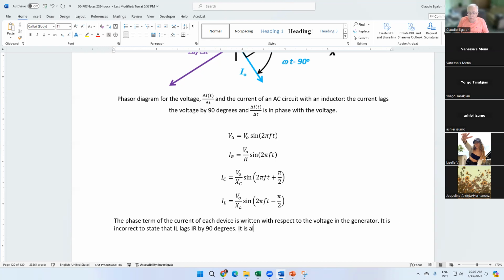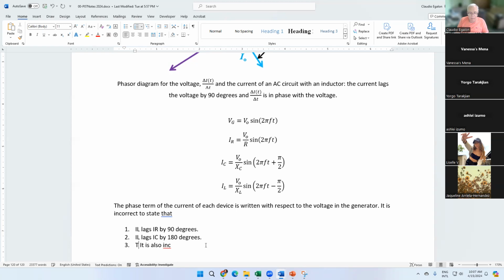It's incorrect to state the following: IL lags IR by 90 degrees, IL lags IC by 180 degrees, that IC leads IR by 90 degrees. This is incorrect. You shouldn't say that.